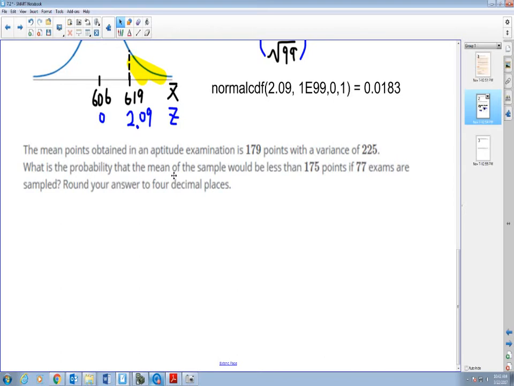What is the probability that the mean of the sample, so we're talking about the mean of a sample, will be less than 175 points if 77 exams are sampled? The mean of the sample will be less than 175. So this 175 is what we're trying to convert.